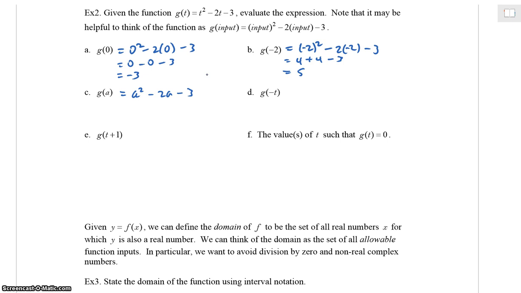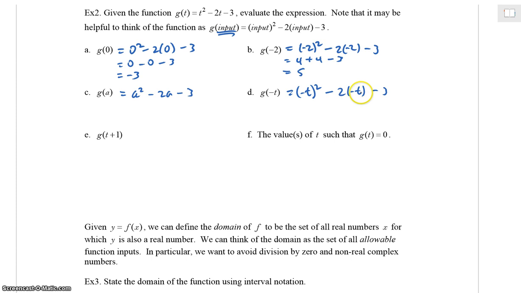Part D, g of minus t. So here what we're going to do, and this is where it's helpful to treat t as an input, we're going to replace t with minus t. So we would square minus t, minus 2 times minus t, minus 3.